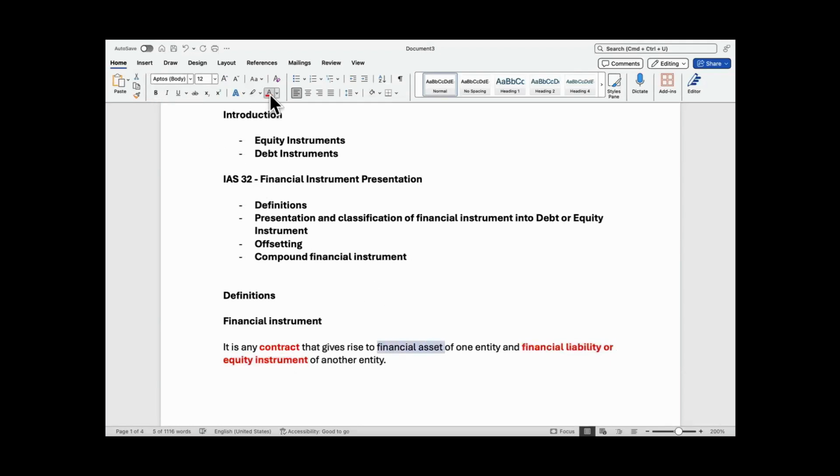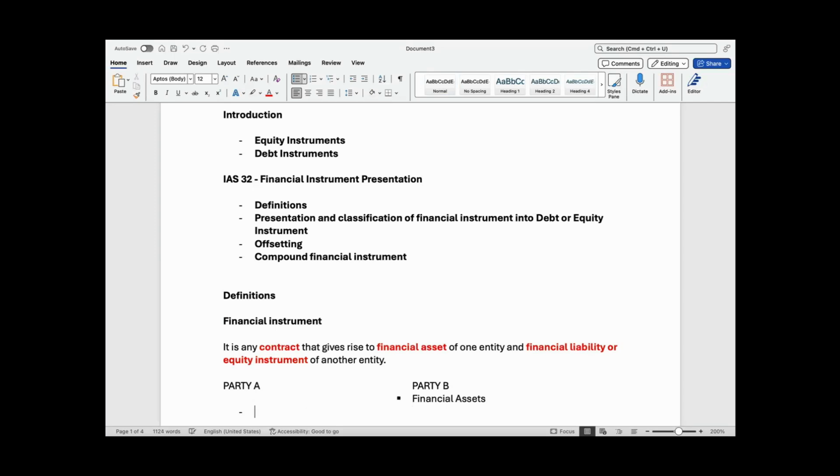So whenever we pick these contracts, there must be at least two parties. Let's call them Party A and Party B. These two parties, let's say Party A, must have what we call financial assets, which we're going to explain very soon.